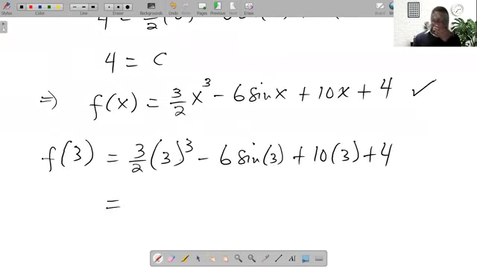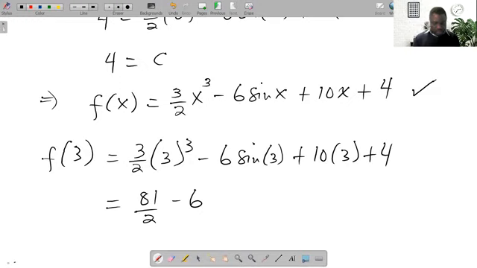Calculator, this is going to give you 27. 27 times 3 is 81. So 81 over 2, minus 6 sine 3. I'm just going to do this in maybe 4 decimal places.